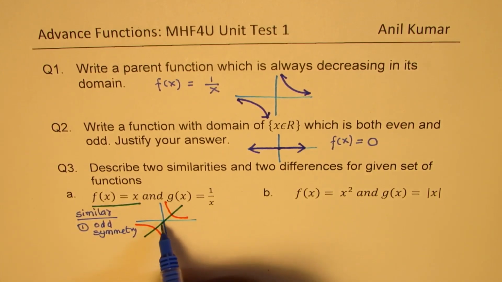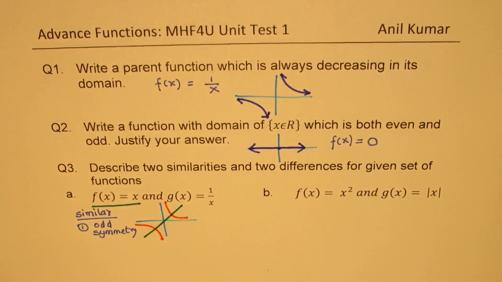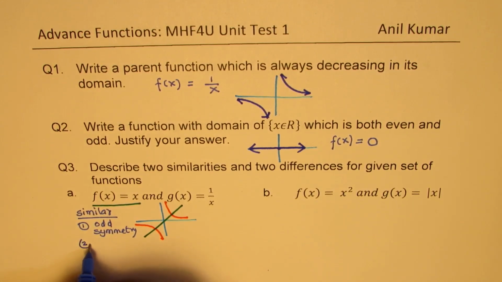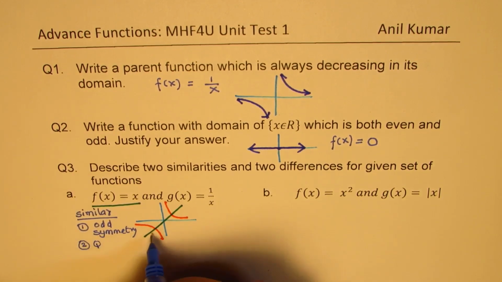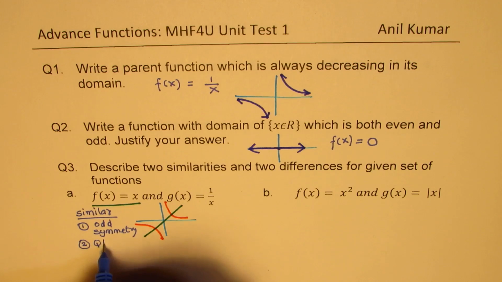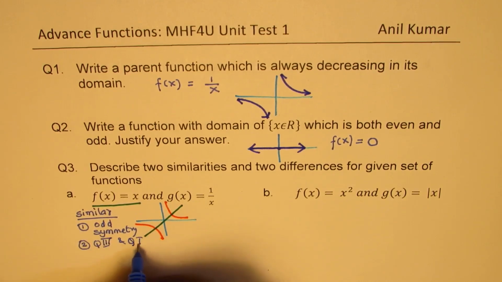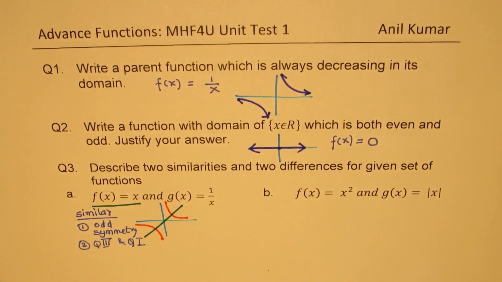So both are symmetric about the origin. That is one similarity which they have. And the second similarity, you can see that they are both in quadrant 3 and in quadrant 1. So that is also a similarity. So these are the similarities which you could write about these functions.